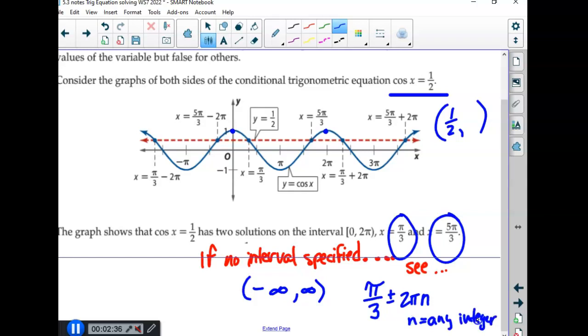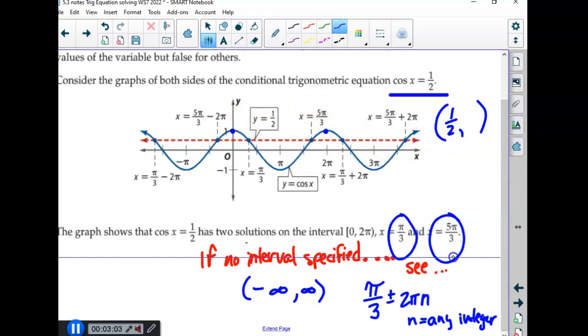And I won't make you write that, but this means you could tell me 60, but you could also tell me 420, but you could also tell me -300. I'm just talking in degrees because that's how our brains work, but do you understand that that has many, many names? And that when you graph this cosine curve, it repeats and repeats and repeats, okay?